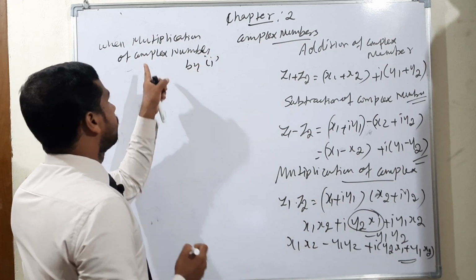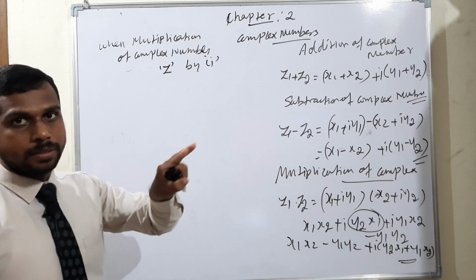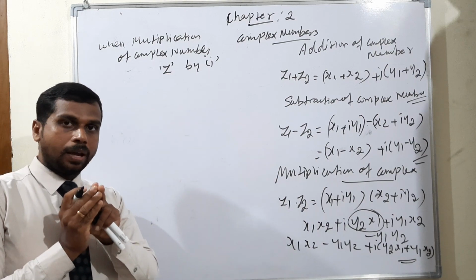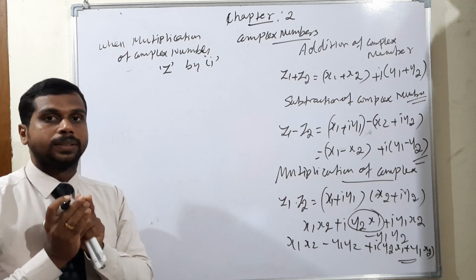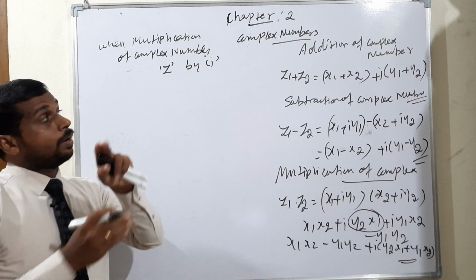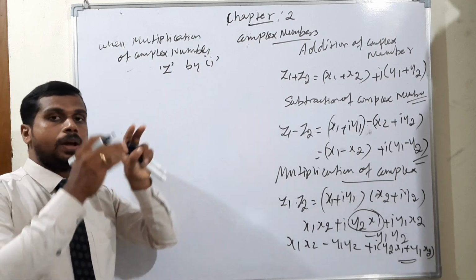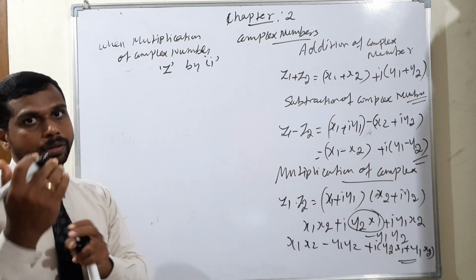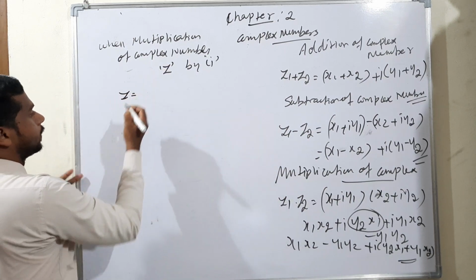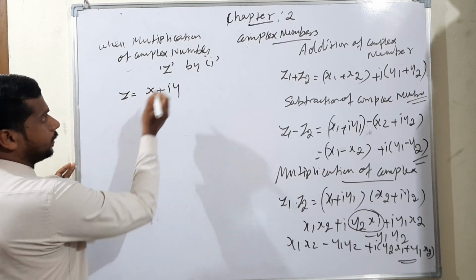Whatever Z you take, consider x plus iy. X is called real, y is called imaginary. That is the same complex number. If you multiply with i, real becomes imaginary and imaginary becomes real. How? Look there. Z is x plus iy, x is real, y is imaginary.